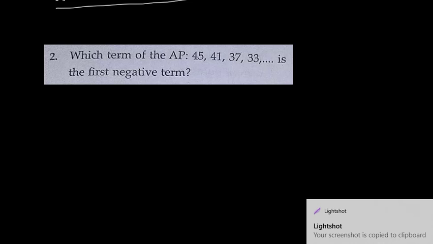Okay. Now let us see the second question. Here the second question is, which term of the AP 45, 41, 37, 33 is the first negative term?